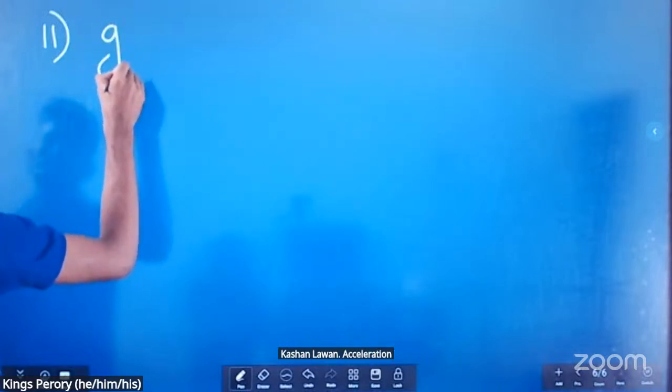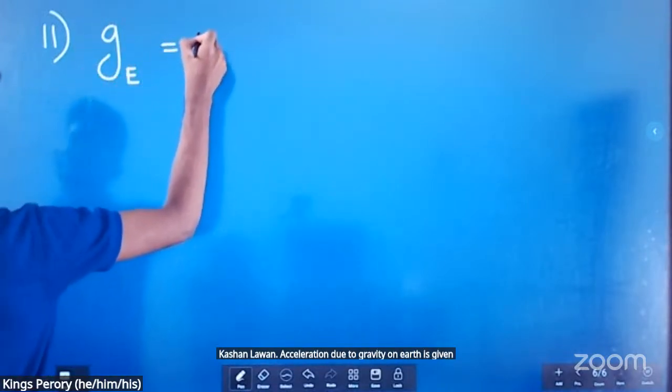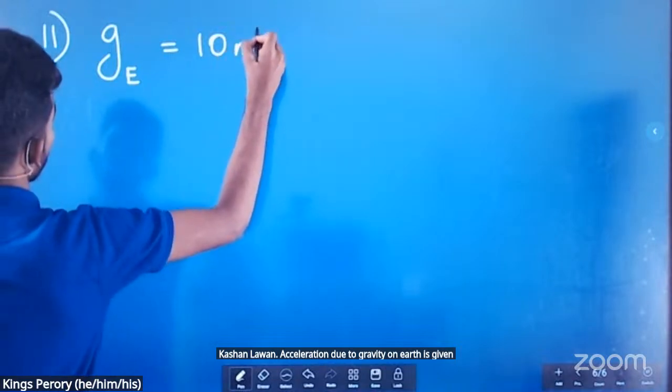Acceleration due to gravity on Earth is given.